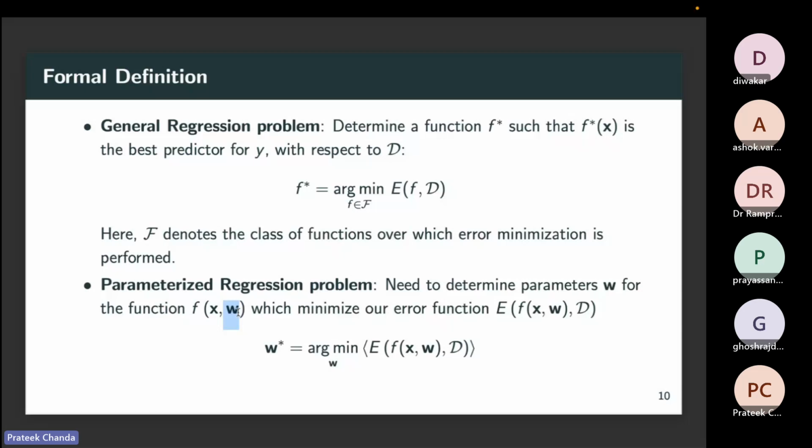And what we now want is to find the optimal parameter w that minimizes the loss, instead of f star. So changing w actually changes f. You can think of w as a switch or a knob, and you keep on changing it. The entire f of x comma w changes structure.